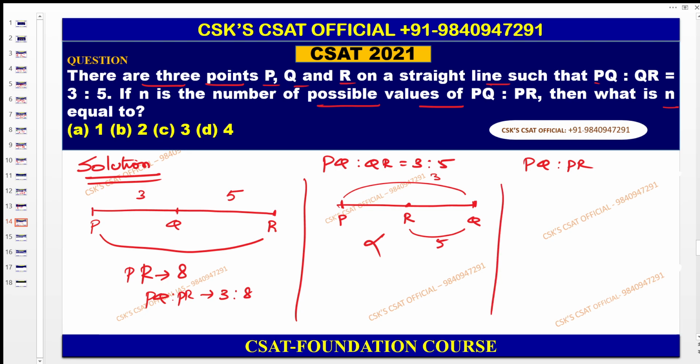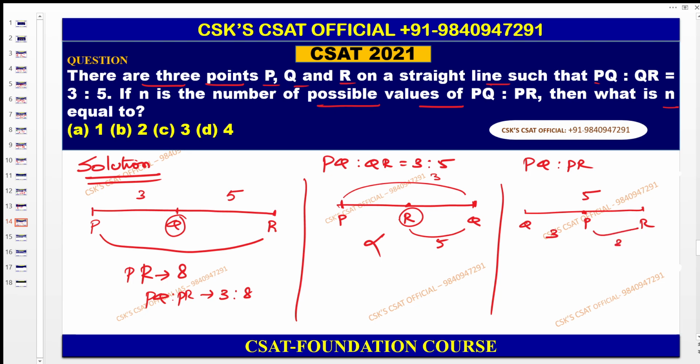You can go with the next one. Q we have placed, R we have placed here. Now you can place P here, then Q, then R. Let us check here. This is 3, this is 5.